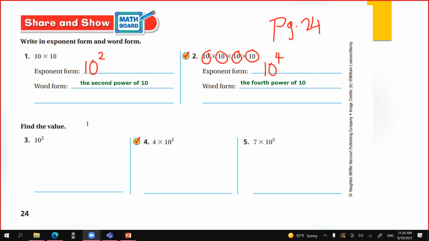Here now, what do I mean by 10 to the power 2? Okay, 10 to the power 2. Find the value of 10 to the power 2.